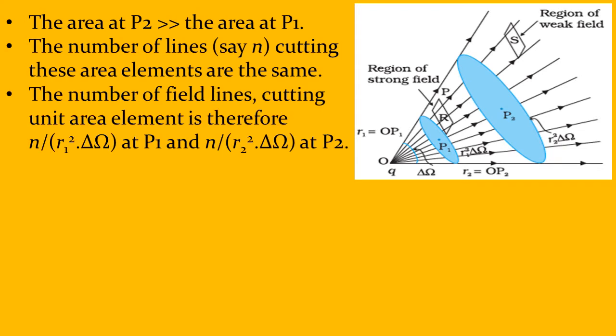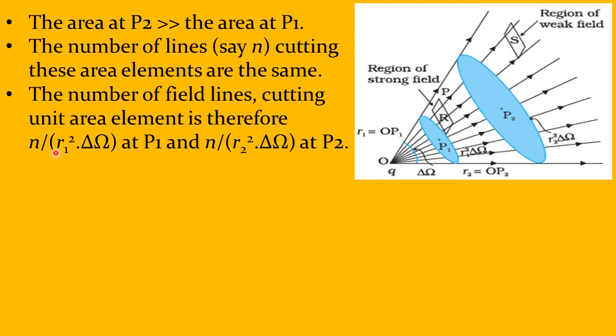The number of field lines cutting the unit area at P1: number of lines is n and the area is given by R1 square delta omega. So the number of lines per unit area is n divided by R1 square delta omega, and at P2 the number of lines per unit area is the total number of lines n divided by R2 square delta omega.